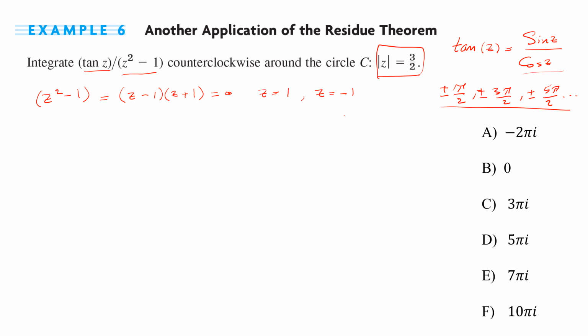All right. So there are two residues here. We have to calculate two residues: residue at 1 and residue at -1 of this function. And then once we have that, we add the two residues and multiply by the 2 pi I, and we get the answer.